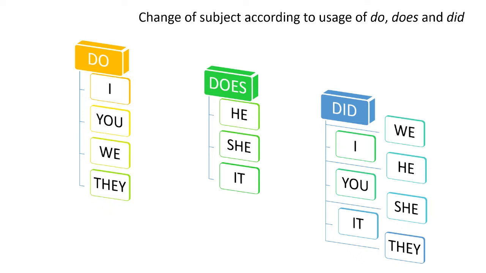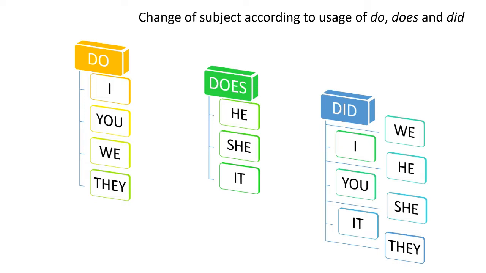Before that, we need to know what are do, does and did. Do and does are the present form of the verb and did is the past form of the verb. As I said earlier, these change according to the subject. Check the slide.